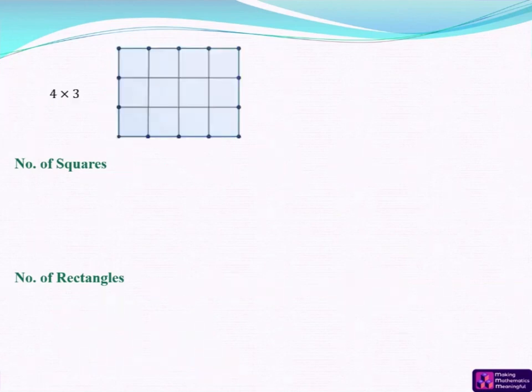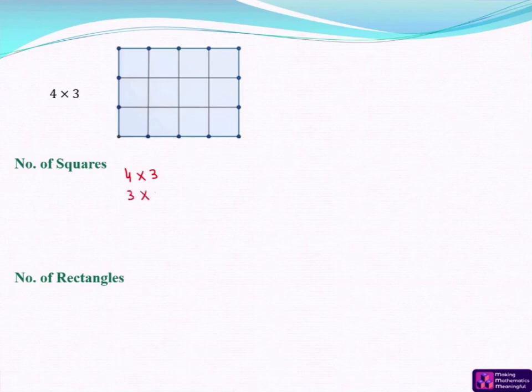Consider another case to understand this method. We are given a 4 cross 3 arrangement now. In this case, how many squares? As I have mentioned, consider 4 cross 3, then start decreasing these numbers.